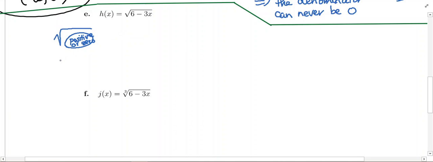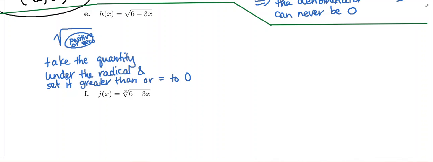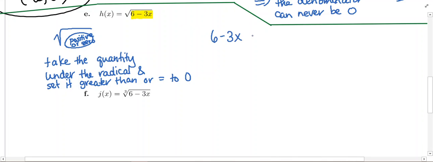You're going to take what's underneath, so take the quantity under the radical and set it greater than or equal to 0. If we apply that logic here, we're going to take the quantity under the square root, which is 6 minus 3x, and set it greater than or equal to 0.